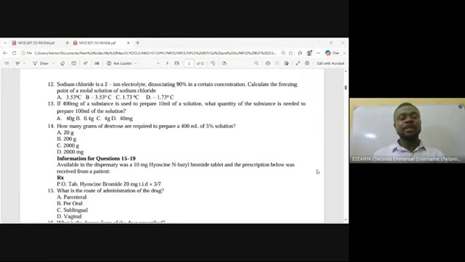It talks about the magnitude of the depression caused when a solute is added to a solvent to form the solution. For a liquid, as a test of purity, you use freezing point. You can also use boiling point.